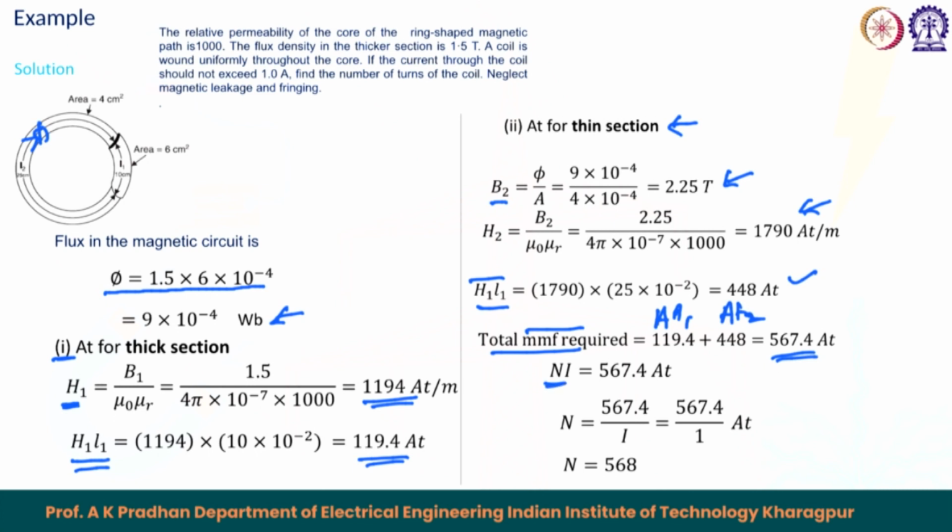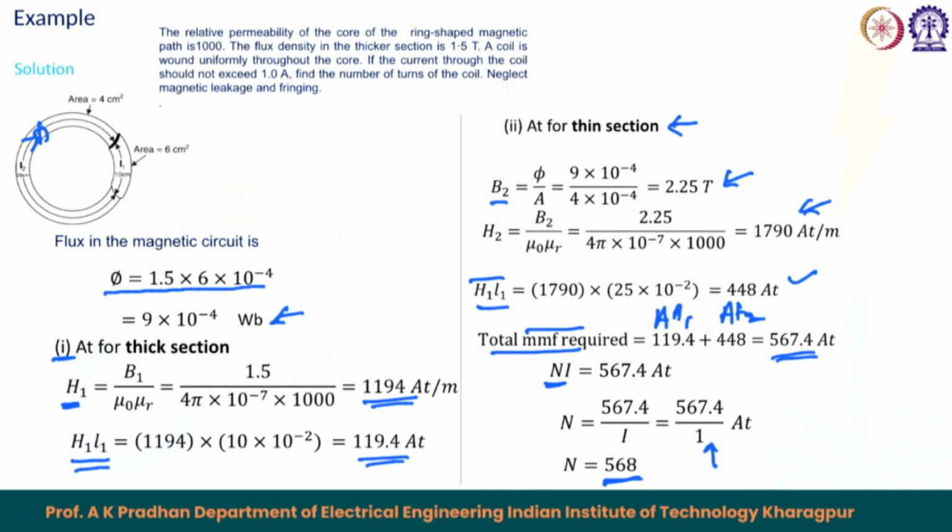So, MMF is known to us, and this MMF is 567.4 ampere turn. With the consideration that our current limit is 1 ampere, we divide by the current of 1 ampere and get 567.4 turns.